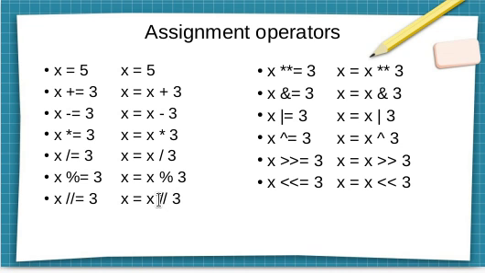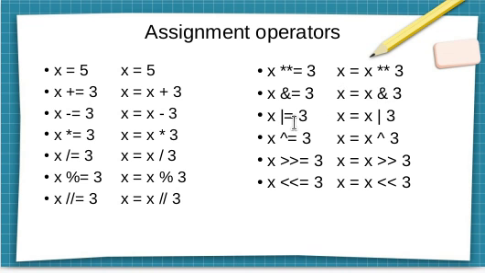x floor division equal to 3 means x equal to x floor divided by 3, that means if the result is 4.5, it will store 4. Now x double star equal to 3 means x equal to x to the power 3. x and equal to 3 means a bitwise operator, x equal to x bitwise and 3. So x will be considered as bits and 3 will be considered as bits, then the and operation will be performed, and the result will be stored in x.